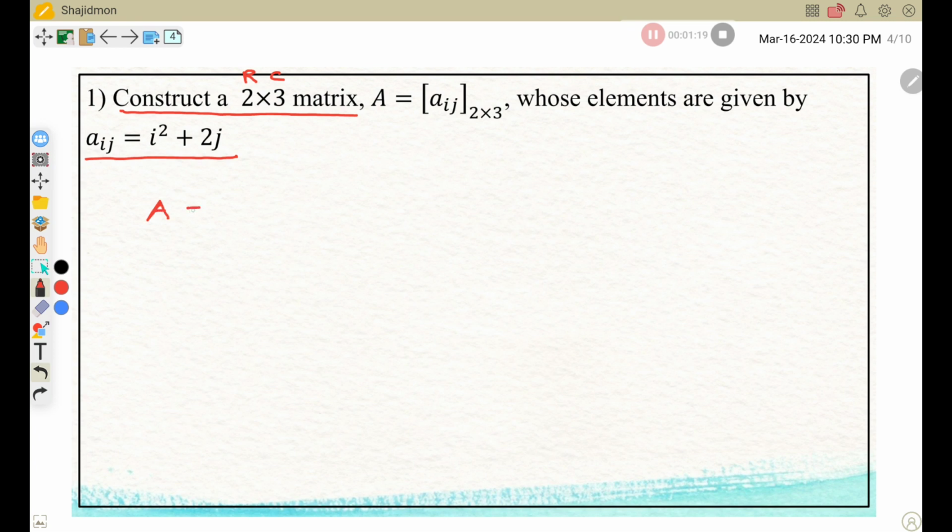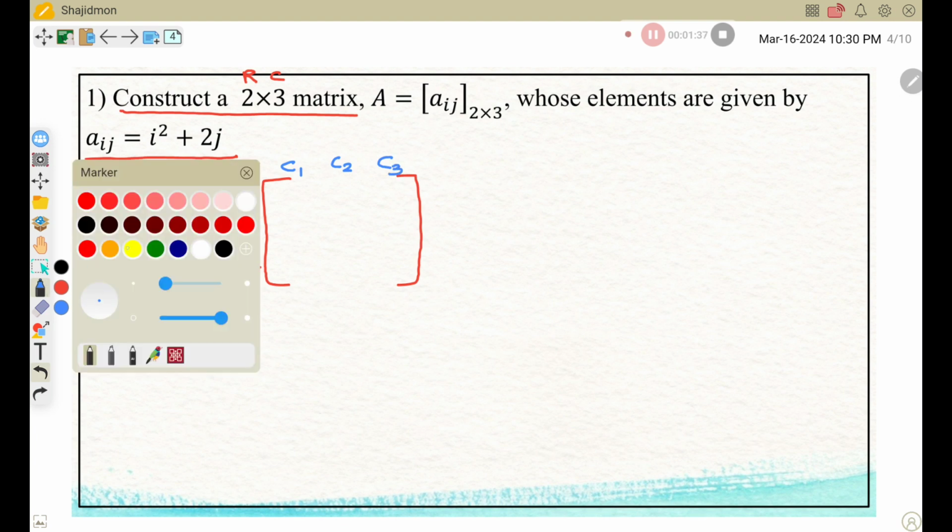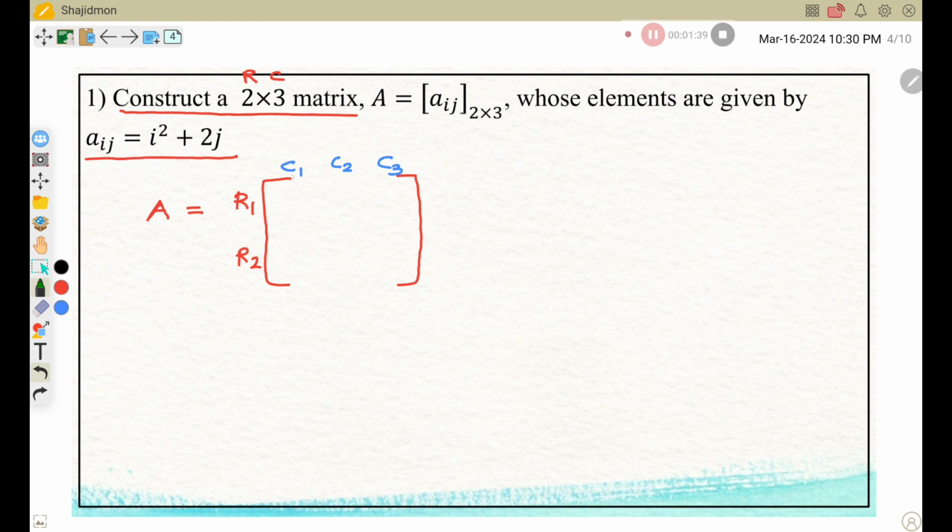So capital A equal to, we need to create a 2 by 3 matrix. That means we have two rows, row number 1 and row number 2, and three columns, column number 1, column number 2 and column number 3, correct? Generally we write the elements in the matrix like this: first row, first column A11, first row, second column A12, and first row, third column A13.